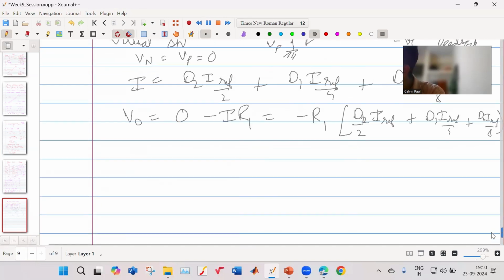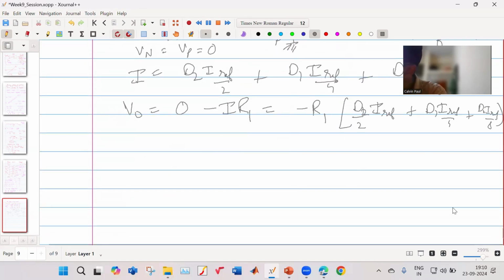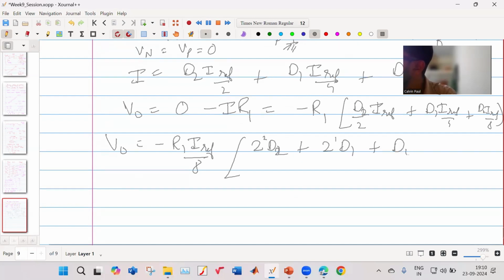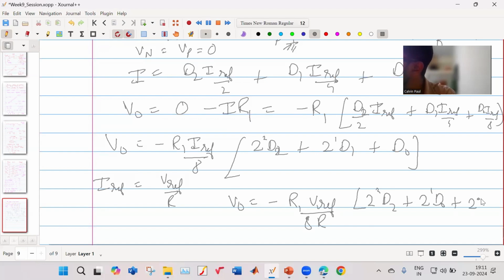So that is, sorry, your V0 is equal to minus R1 Iref by 8 into 2 raised to 2 D2 plus 2 raised to 1 D1 plus D0. Okay. Your Iref is what? Vref by R. Your V0 is equal to minus R1 Vref by 8R into 2 raised to 2 D2 plus 2 raised to 1 D1 plus 2 raised to 0 D0. Okay. So this is my output.